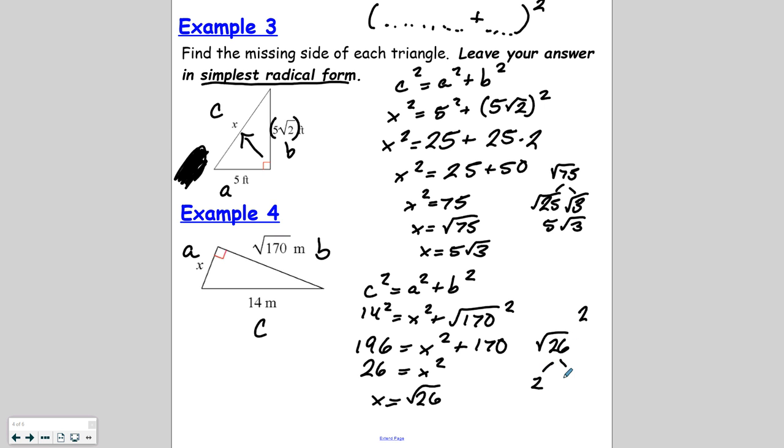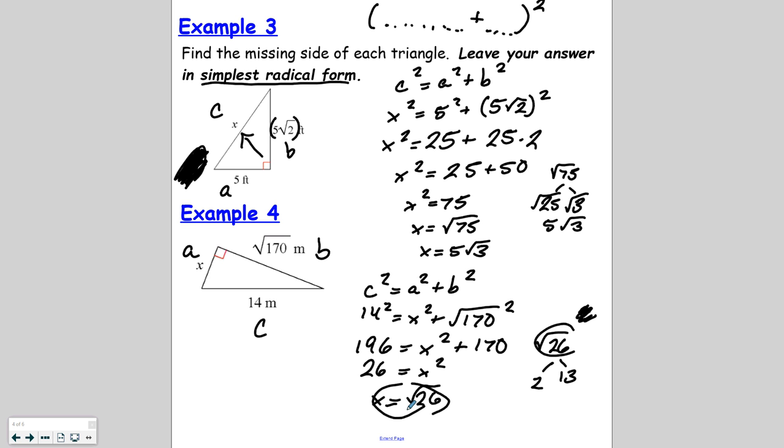That'd be a yes, because 2 times 13 is 26. And then we would once again try to do this here as well. So for 13, is there a lowest possible prime that we could take out? Can't take out 2, 3, 5, 7, 11, and obviously that's 13, so that's it. So that means the square root of 26 is in simplest radical form already.